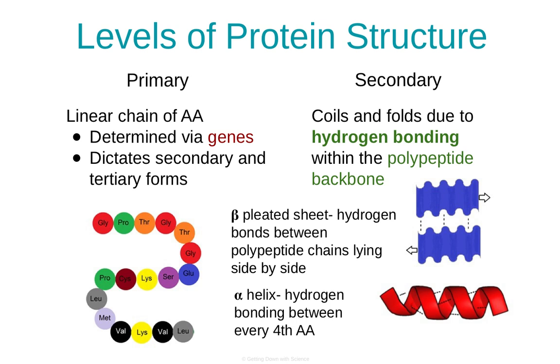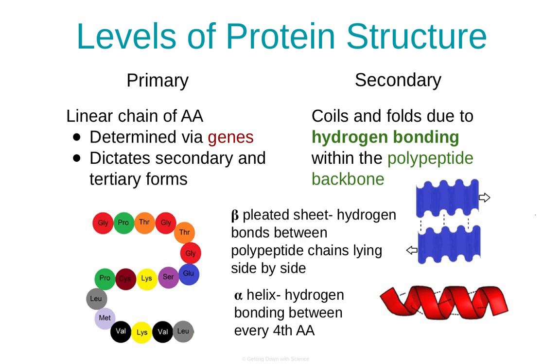The secondary structure is when that protein chain starts to interact with other parts of that linear piece. We get these coils and folding on themselves. And this has to do with the interaction of hydrogen bonds within that polypeptide backbone.